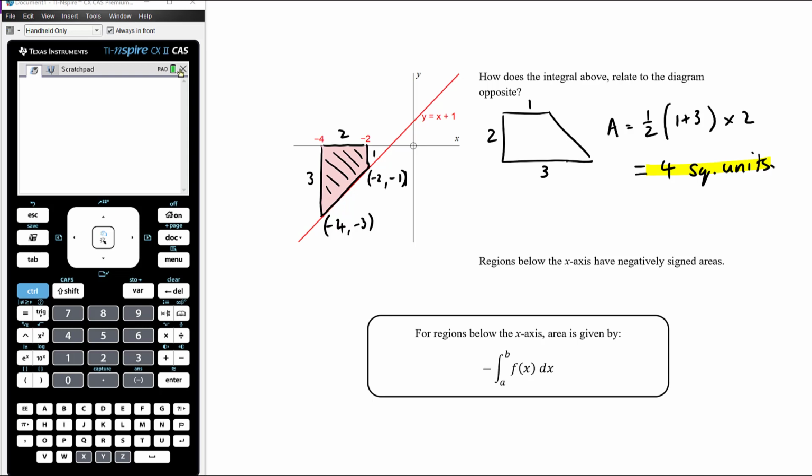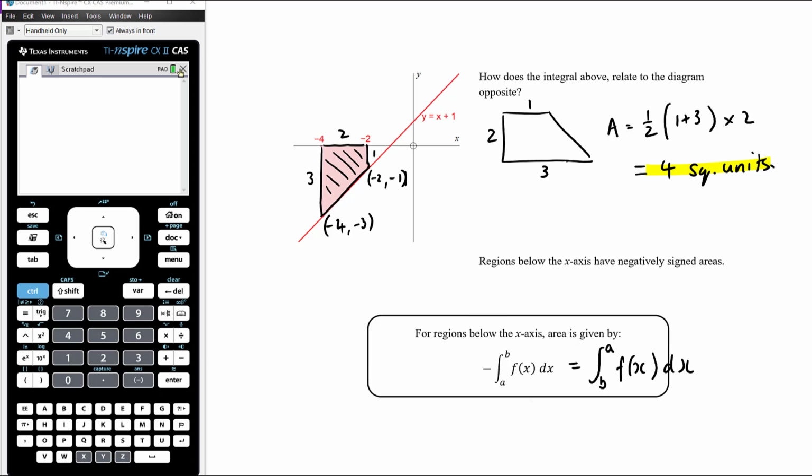The other way you can do that, which is often a more efficient calculation, and we've talked about this with our properties of integrals, is that if we flip the terminals around, we get the negative of the integral. So it would be the same as doing the integral from b to a of f of x with respect to x, rather than having to subtract an integral. So it's really important that if a region is below the x-axis, its area is equal to the negative of the integral.